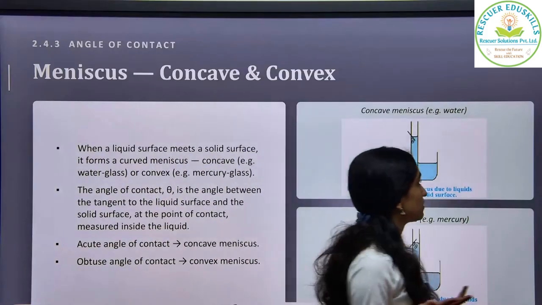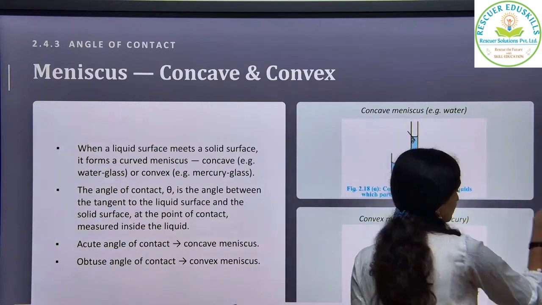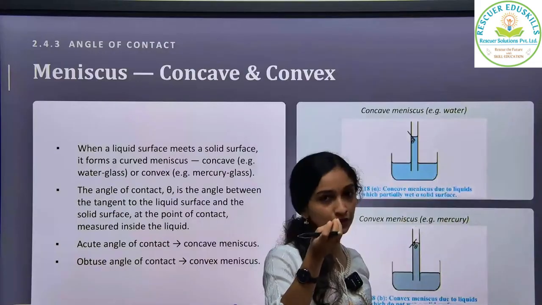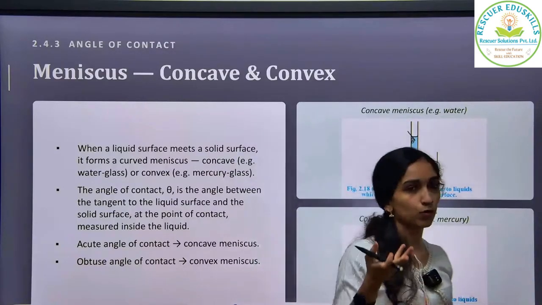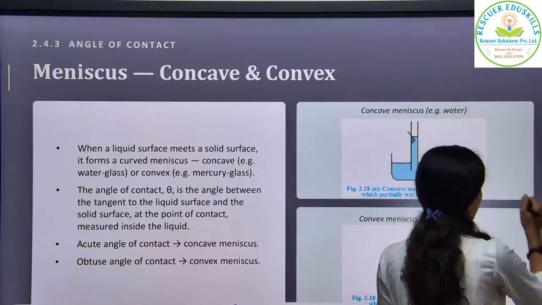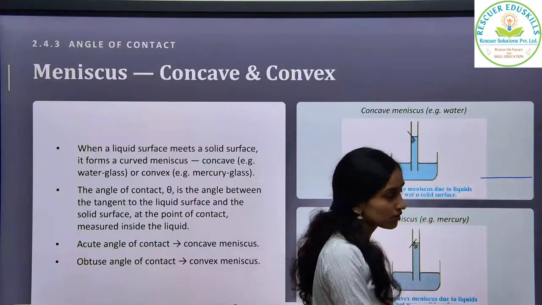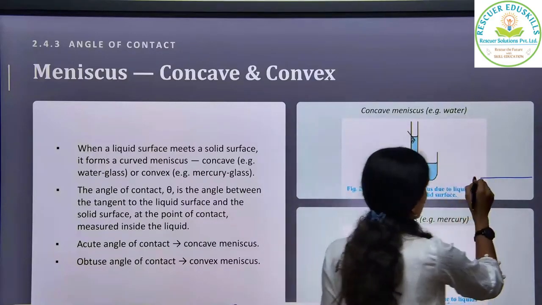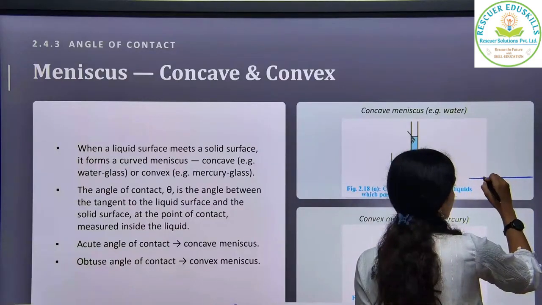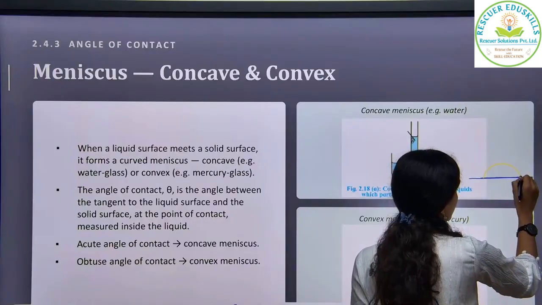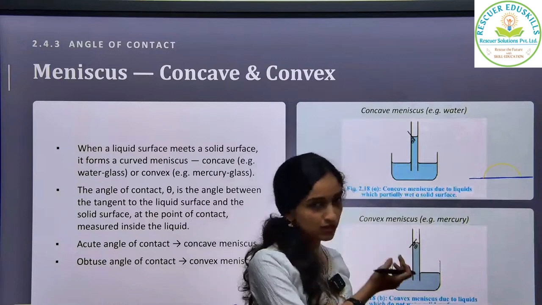So for you to get this understanding, let's consider the example of water. Whenever water droplets land on the floor or any surface, let's consider if this is the surface, the water droplet will look like this, on the surface.